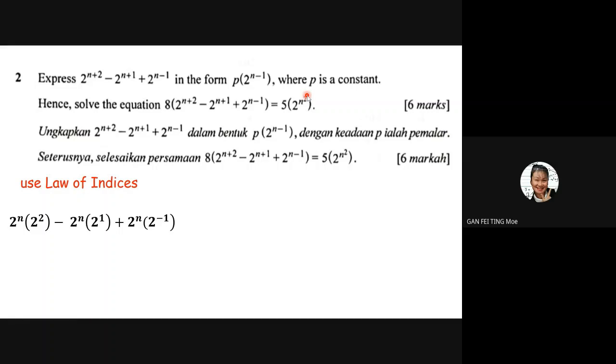You can see how we get this one from here. We reverse the index. For the law of indices, in the multiplication of index notation with the same base, the indices add up.